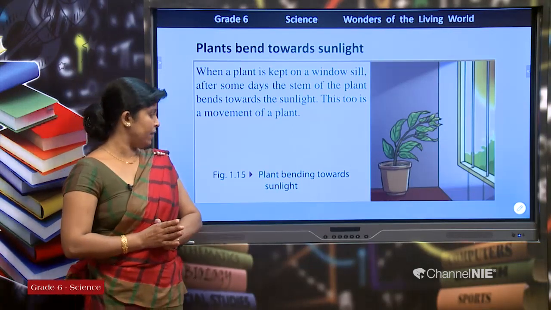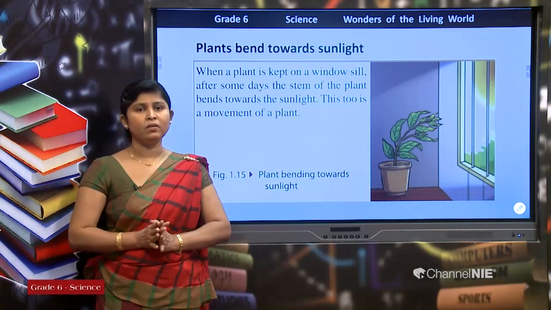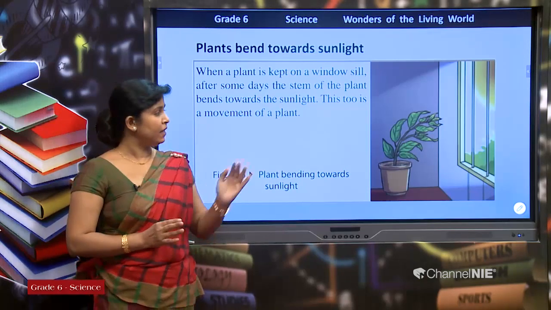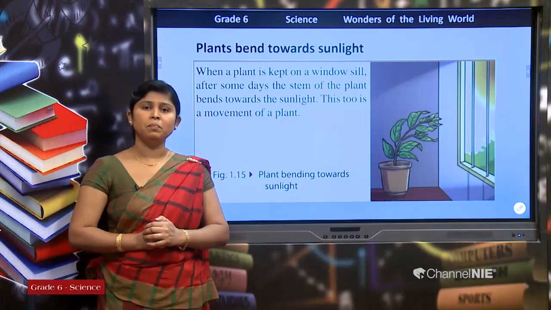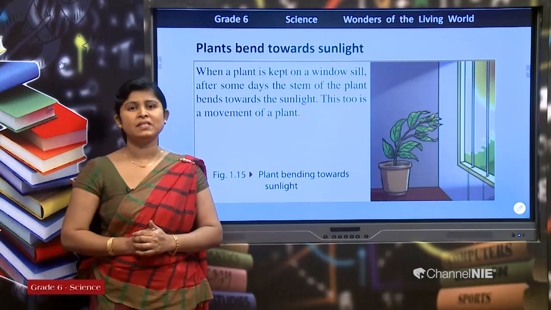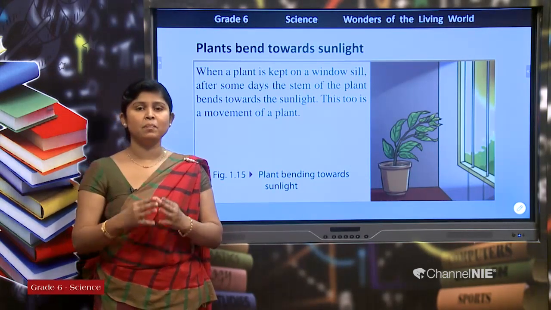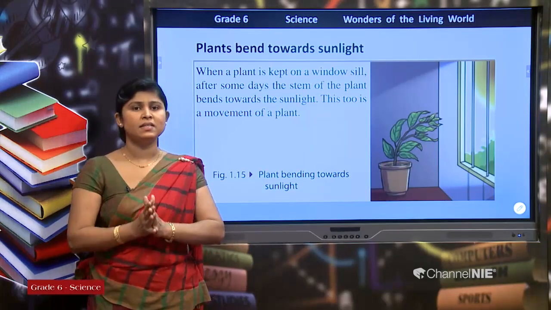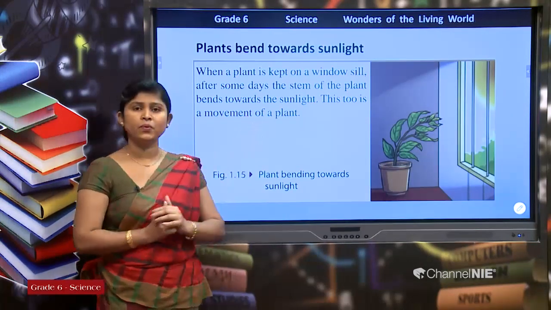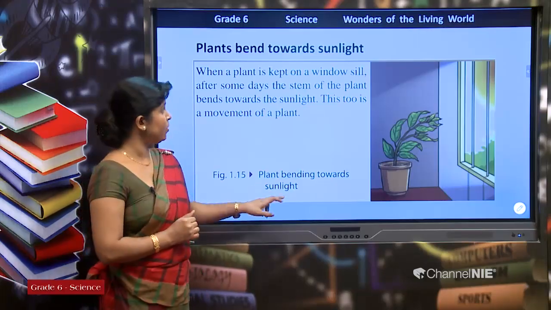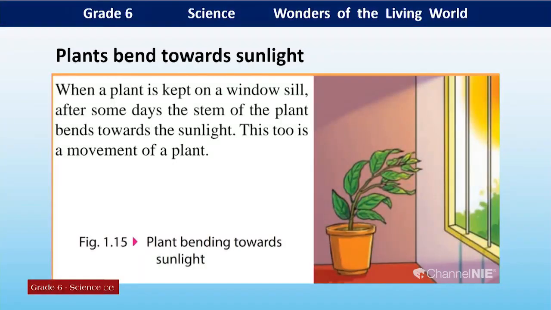You can check your textbook figure 1.15, right. Then it proves how the plants show movements towards the sunlight. Sunlight is a stimulus. Then the plant can move towards the sunlight.